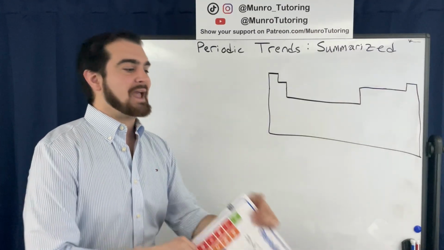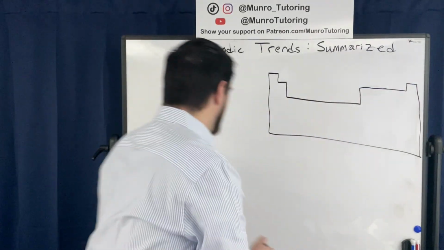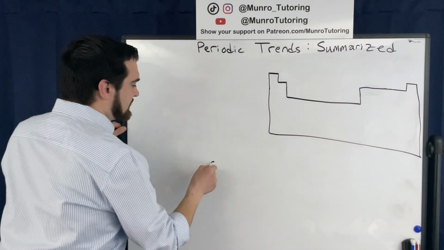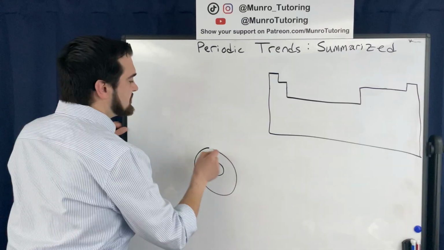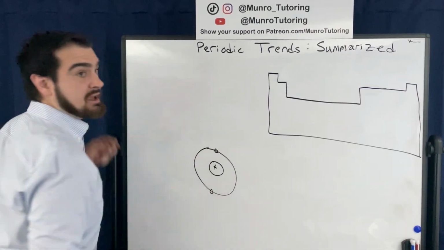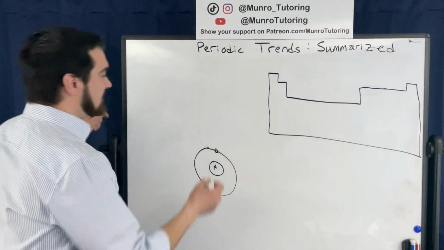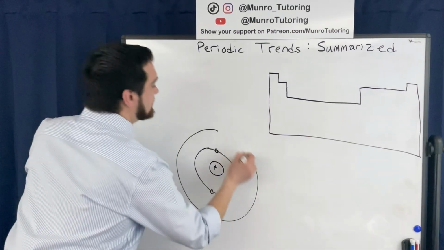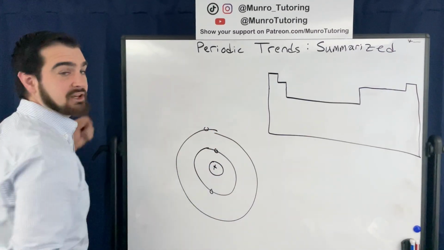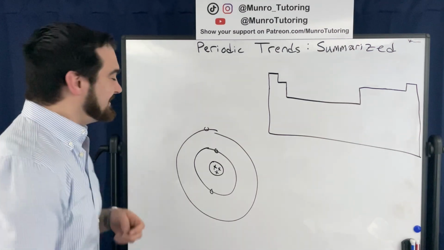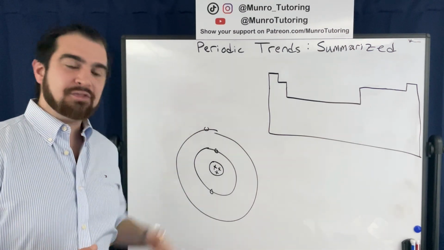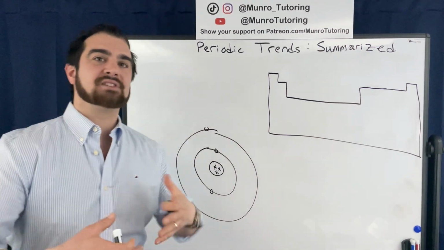So if we have an atom, let's just say we got some protons in here, and we have an electron shell like this. We have our electrons in there. Now we add another electron shell. Well, it's going to be significantly larger, and now we're adding more electrons in here, right? Let's just give this 3 pluses to make this make sense. And so as we go down the group, it's very obvious that the atoms get larger.